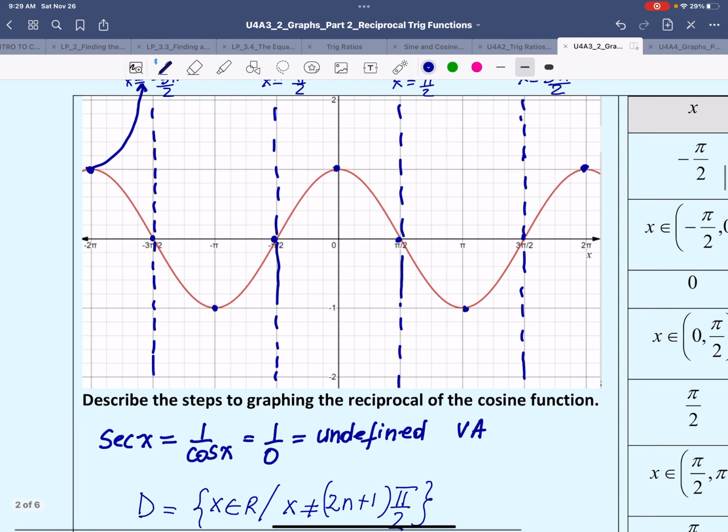And similarly, we can reason about where and how to draw the graph of the reciprocal based on the actual values of cosine. So at this particular angle here, the value of cosine is negative 2 over 5, which means the reciprocal would be negative 5 over 2, which is negative 2.5, which means that at this particular angle in here, we will see the graph of the function appear somewhere down here.